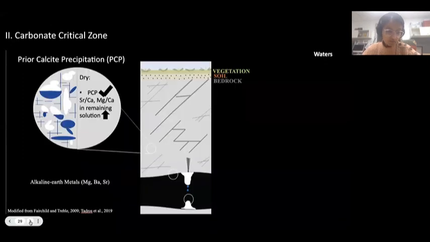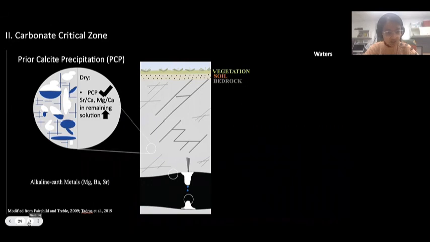And when you have prior calcite precipitation, or PCP, the strontium to calcium or magnesium to calcium ratio in the remaining solution increases. So we were interested in seeing how this affects, again, the spring to source systematics for Sitting Bull Falls.